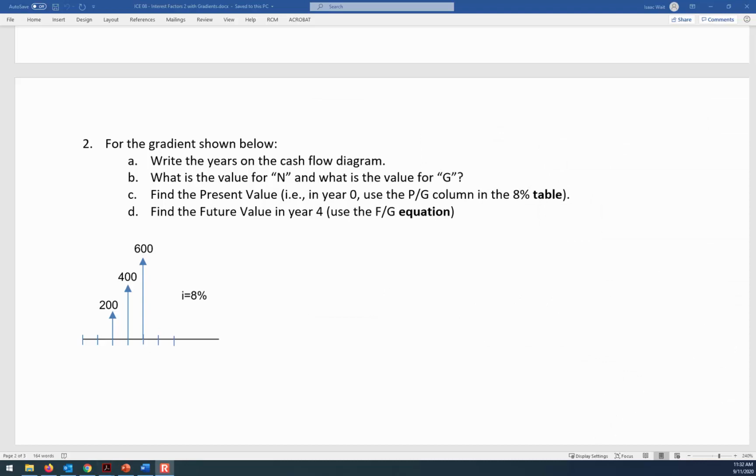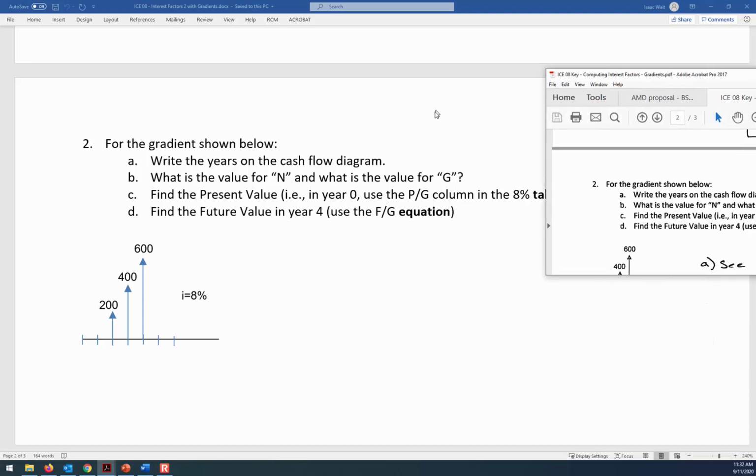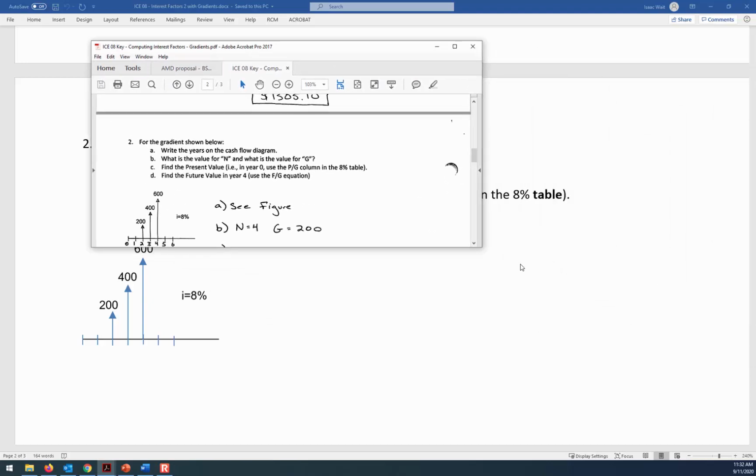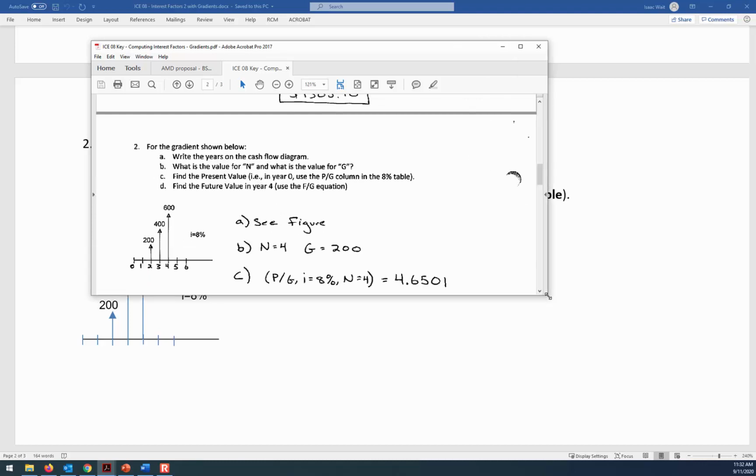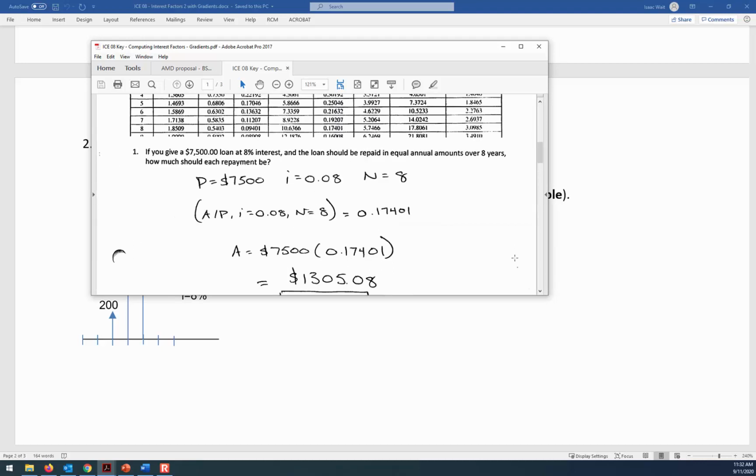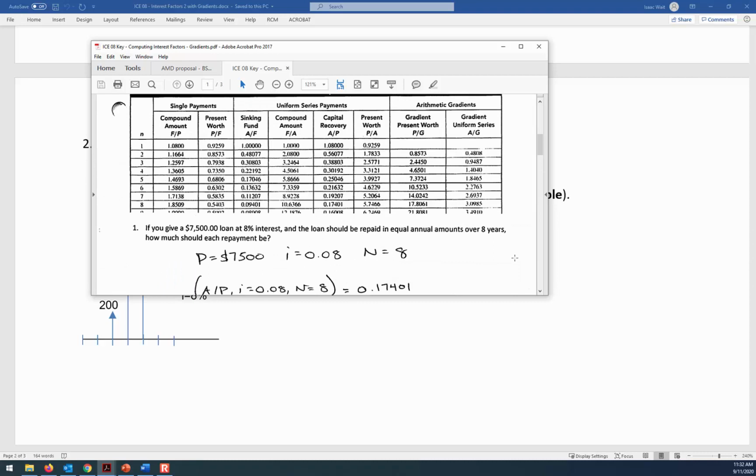All right, let me show you the solution to part C, and hopefully you have ended up with the same factor. All right, so we're going to use the factor 4.605, and that came from the table here.